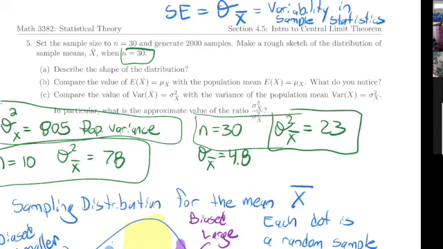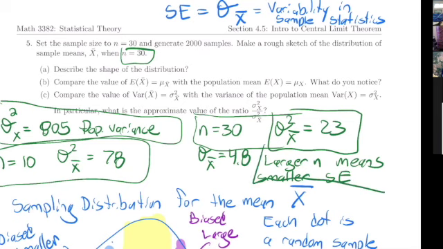So we do see that when n is getting larger, that's kind of the first observation. The larger that n is, the smaller the standard error is becoming, because as the samples get larger, we're getting less variability from sample to sample.